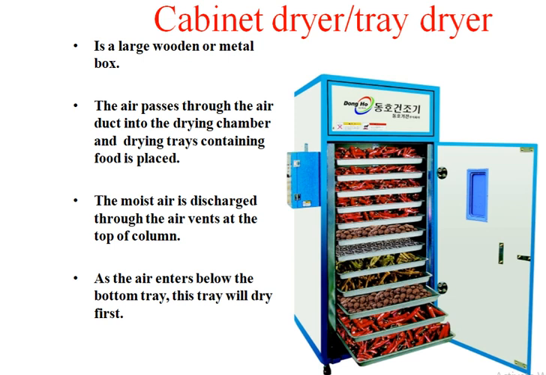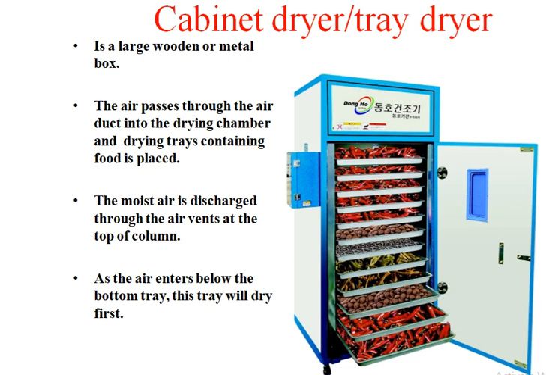First we can see the cabinet dryer or tray dryer. It consists of a large wooden or metal box. The air passes through the air duct into the drying chambers, and drying trays containing the food are placed inside the drying chambers.